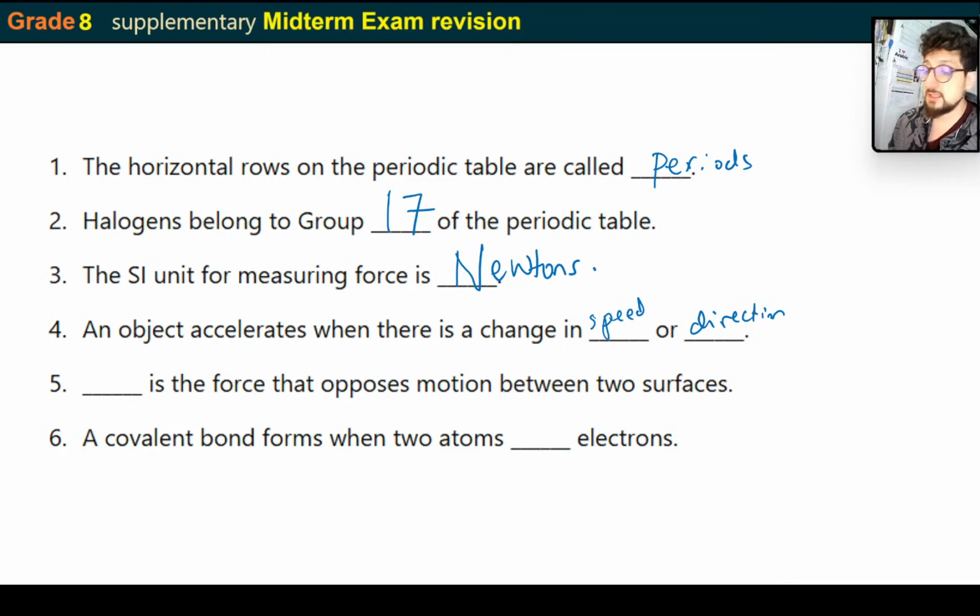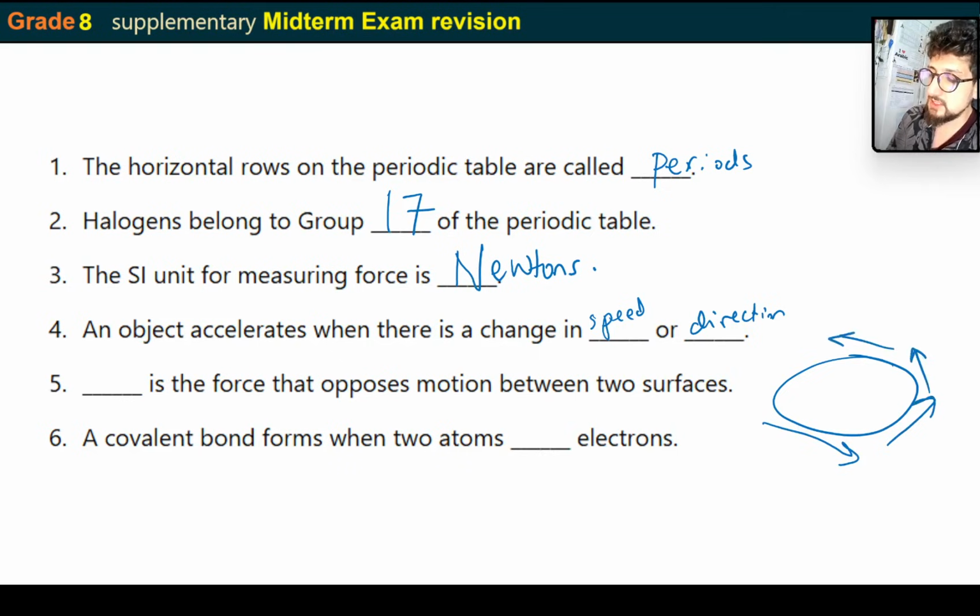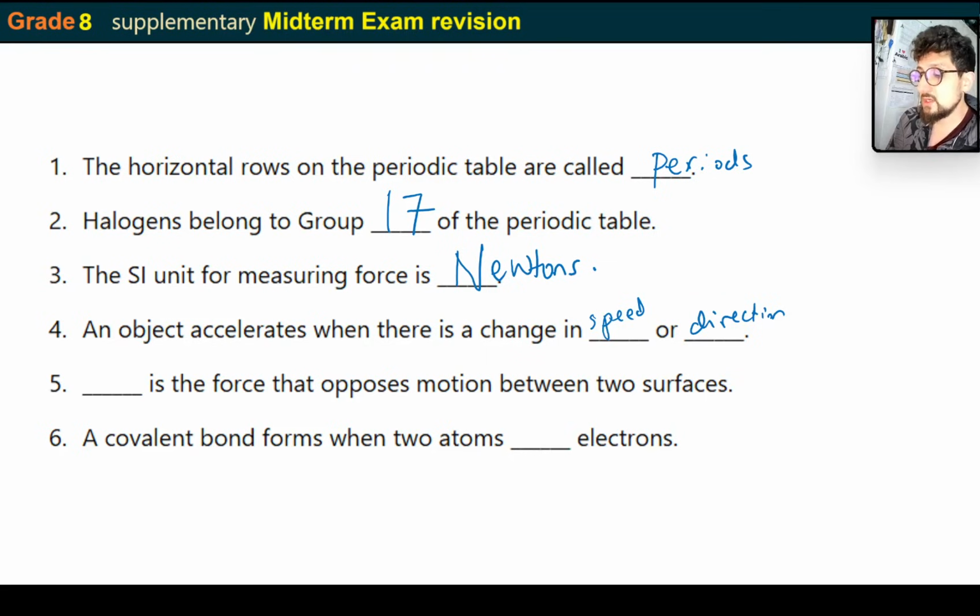And if an object is traveling around a roundabout and it changes direction, that's also acceleration. So even if it's moving at constant speed, if it's changing direction, that's called acceleration. So acceleration happens when an object changes speed, as in slows down or speeds up, or when it changes direction. What we call a change in velocity, because velocity includes direction and speed as well.